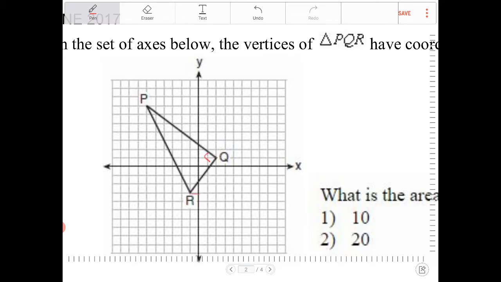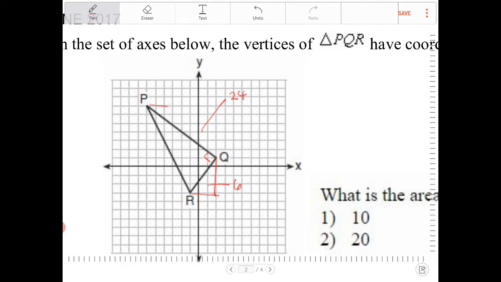So again, looking at this, this is over 3 and up 4, so that means this has an area of 6. This is up 6 and over 8, so that means this has an area of 24. Up 6 and over 8, right?